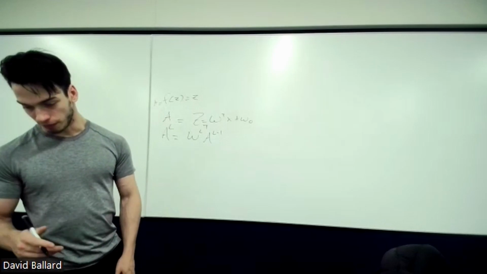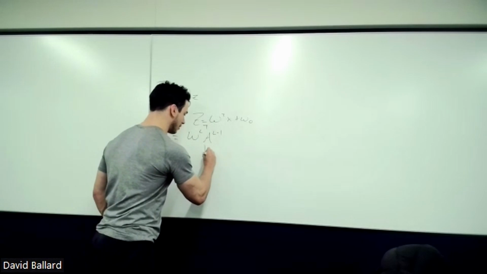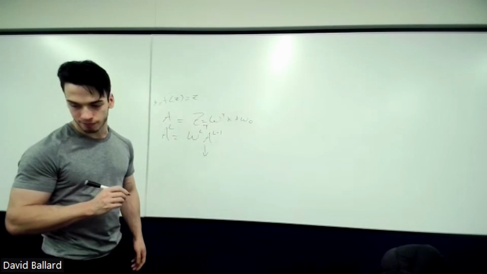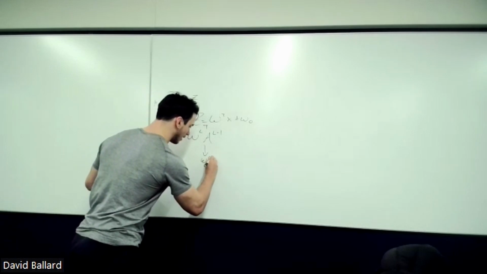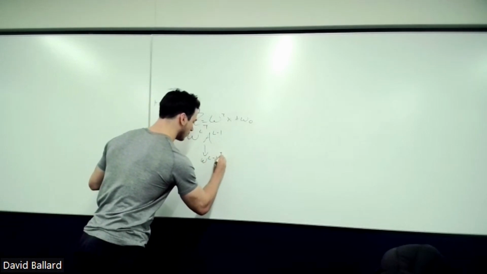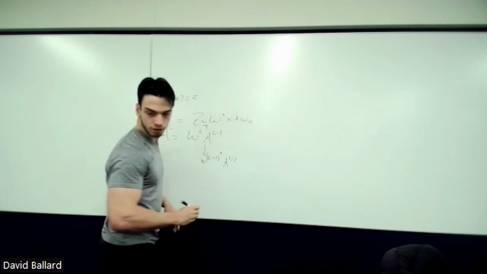So what is AL minus 1? It's WL minus 1 transposed times AL minus 2.